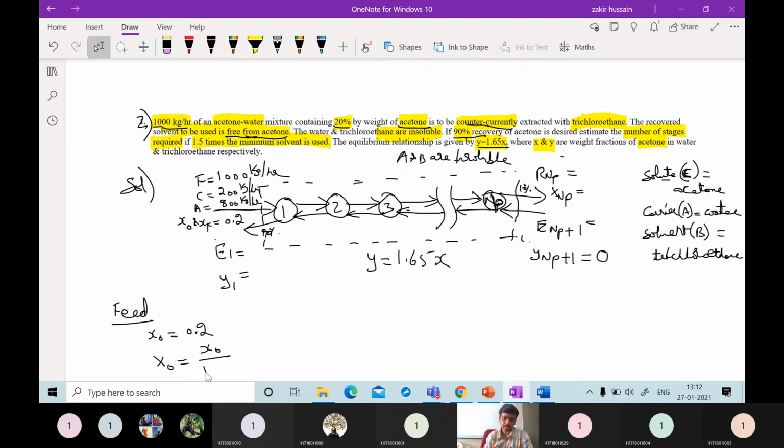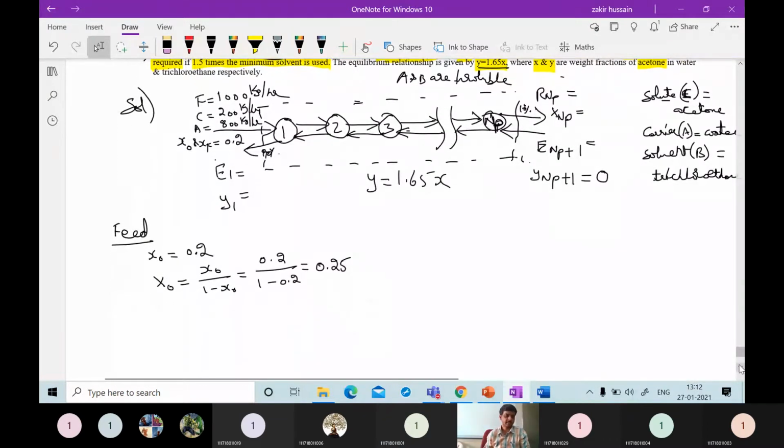X naught divided by 1 minus x naught is 0.2 divided by 1 minus 0.2, that is 0.2 divided by 0.8. How much do you get? 0.25. Is it correct? Just verify. Yes, sir.